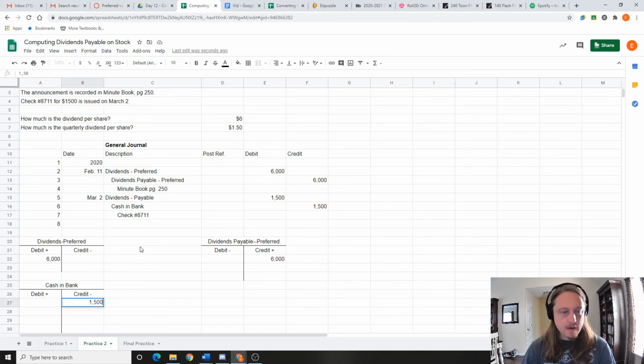That's not hard to forget. $1,500, but it's being taken out of what we owe, the payable, and we're just going to go ahead and put a balance here. On March 2nd, and that balance would be 6,000 minus 1,500, 4,500. So we still owe 4,500 for the rest of the year's payment.